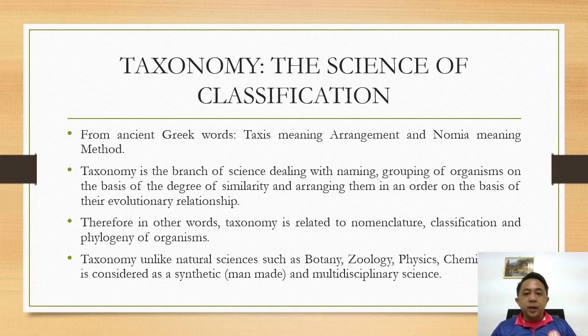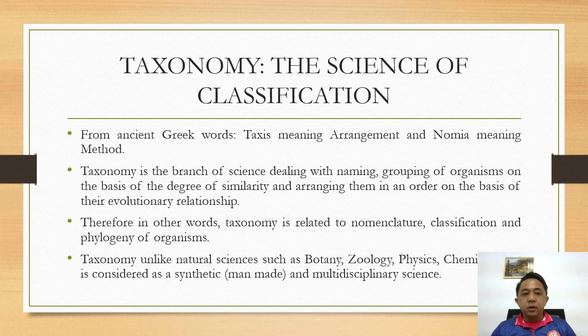So the Greek word taxis means we are going to arrange organisms, either by means of similarities or differences. While nomia, or the Greek word which means method, is how do we classify them? Okay, what method are we going to use?